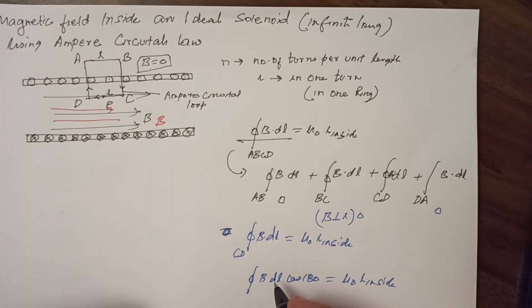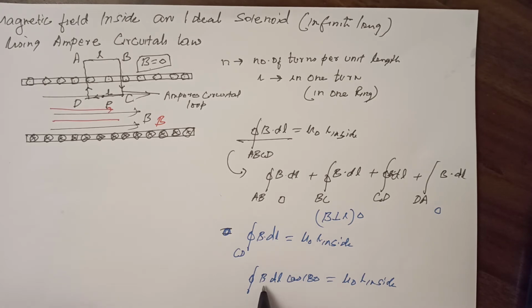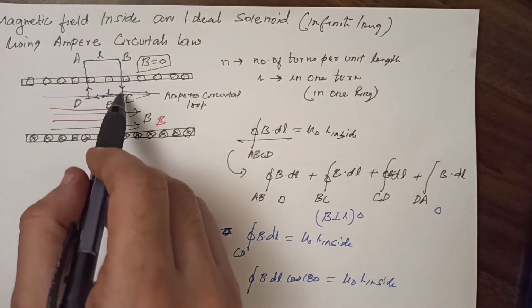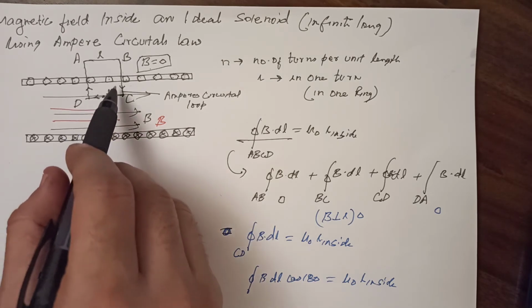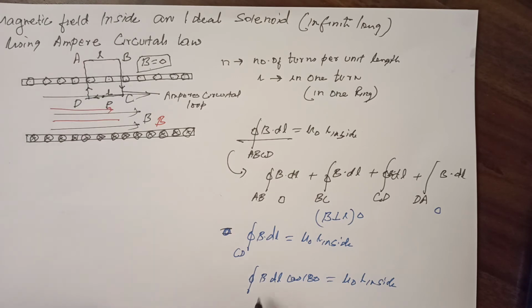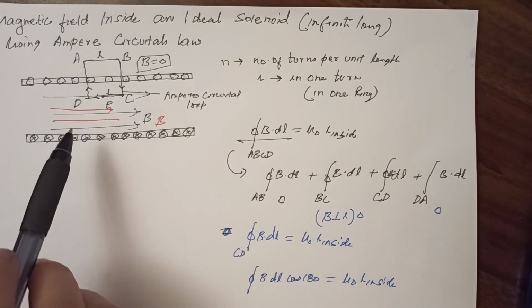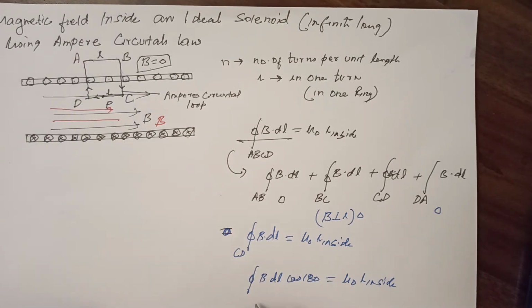Now to reiterate, here B, the magnetic field, and dl would always be in the direction of the flow of the current in the loop, which is this. We have assumed this, hence the angle is 180 degrees. Cos 180 by the way is -1. B is constant, so we can take it outside, and it equals mu naught I inside.